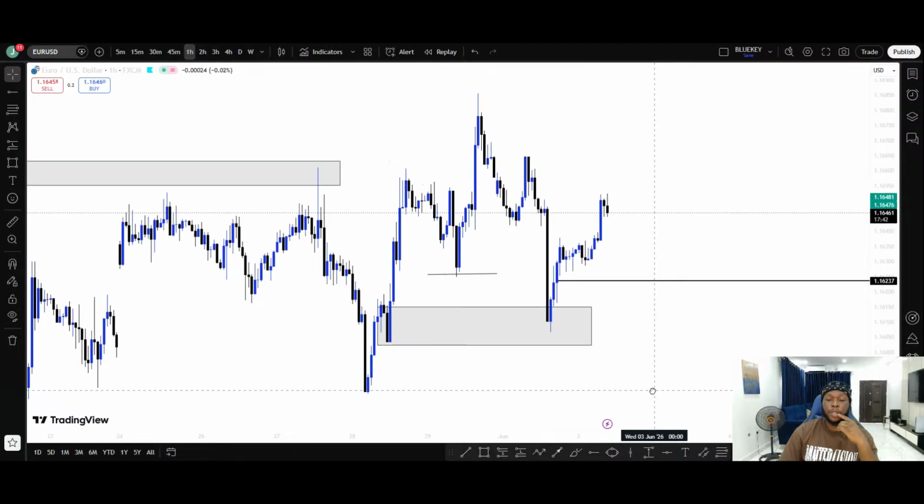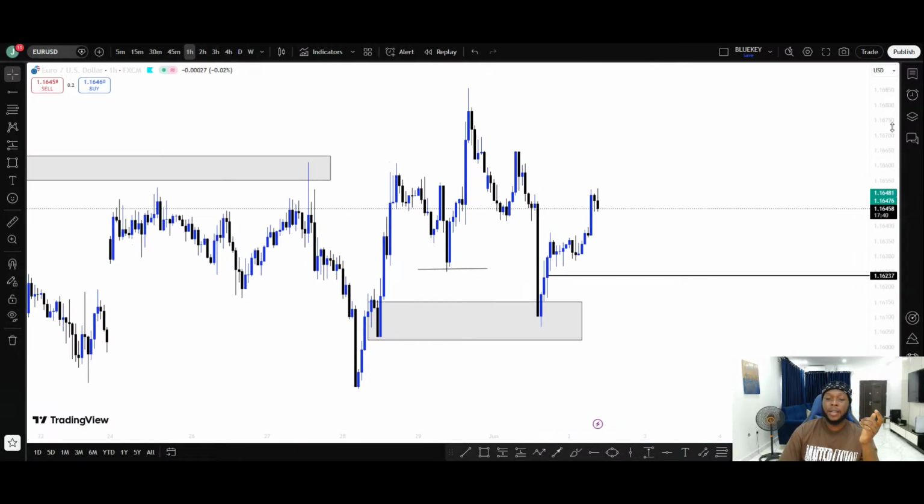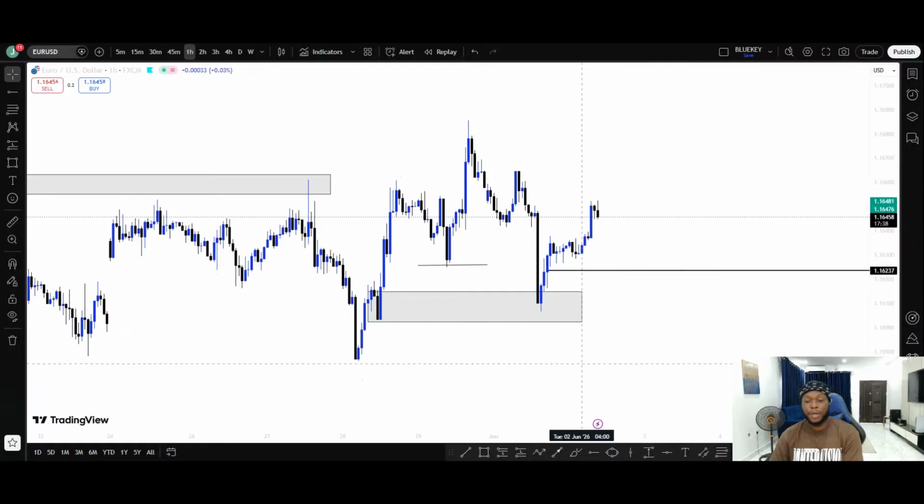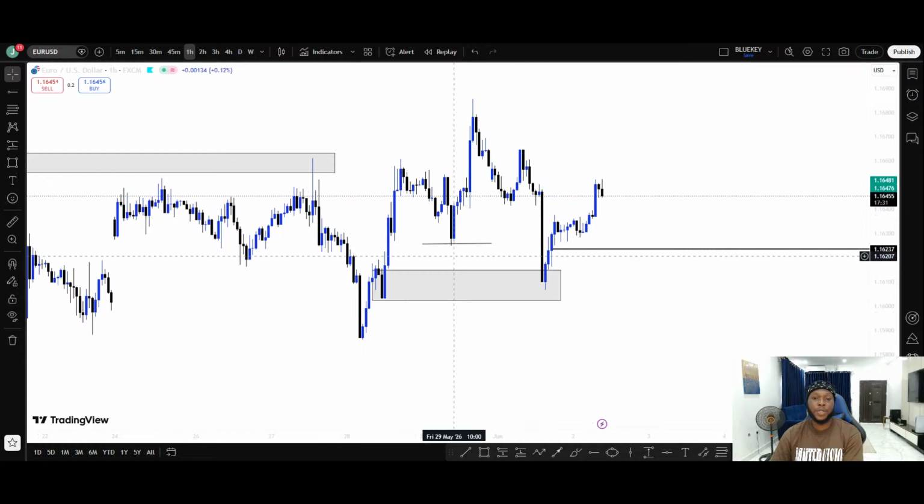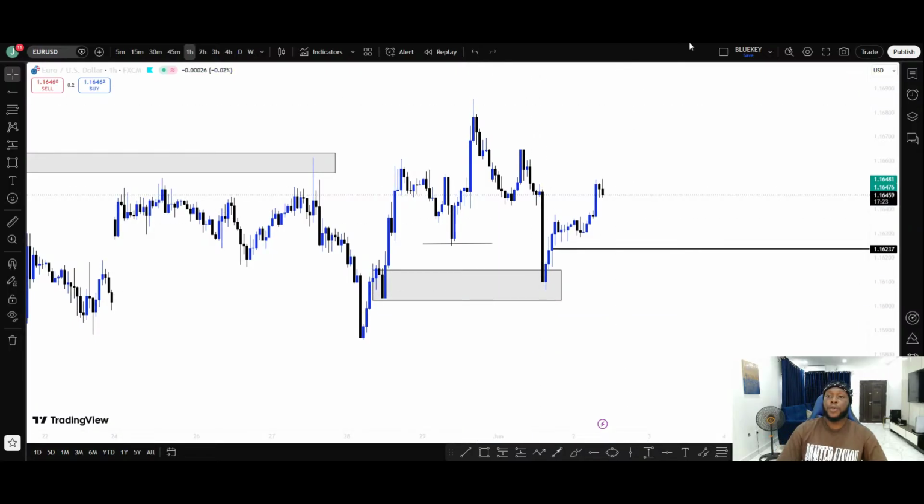It was a crazy A plus setup. I believe some people actually saw this and took advantage of it. One break, market engineered liquidity, order block, inducement into that place, and then the market pushed up. Pretty much it.